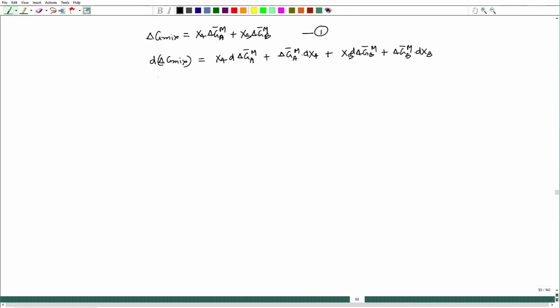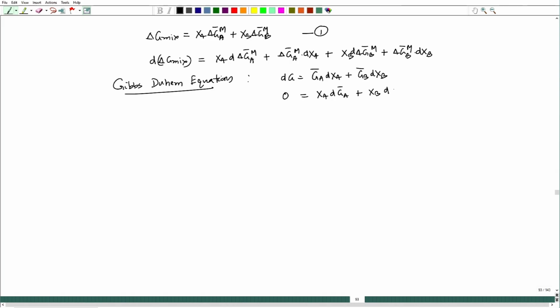Now, if you recall the Gibbs-Duhem equation, one equation says that delta G equals G A bar d x A plus G B bar d x B, and another expression says this one equals X A d G bar A plus X B d G bar B. So now these two formulas can also be considered here.